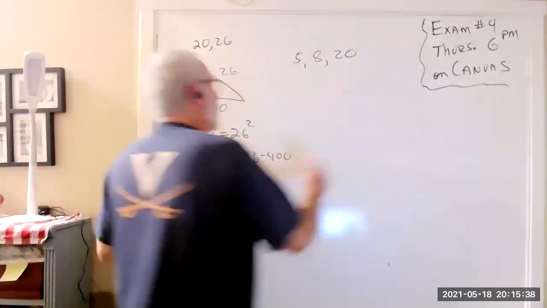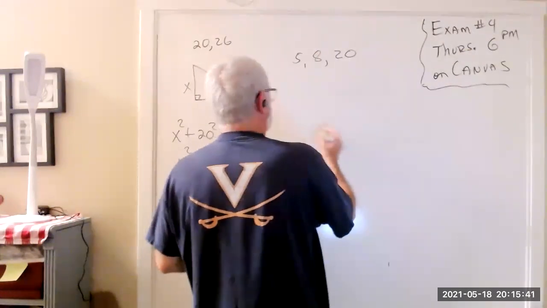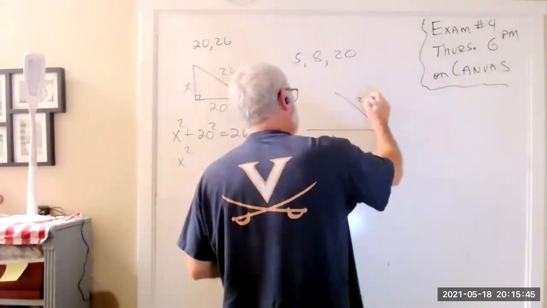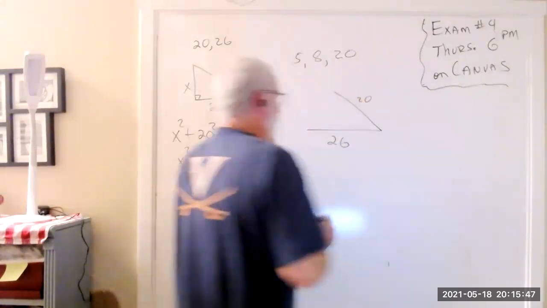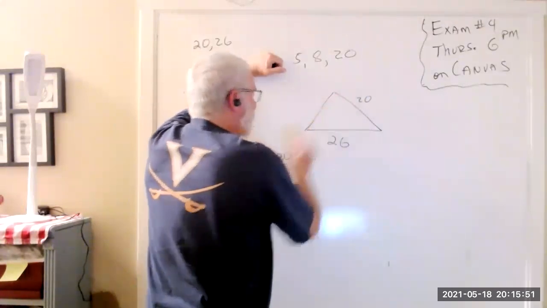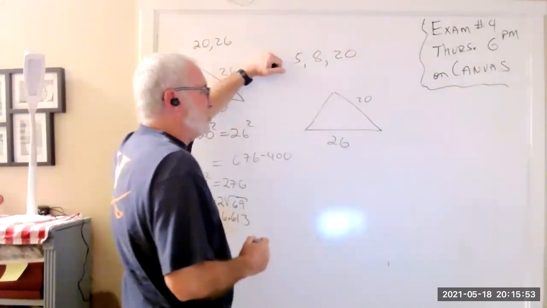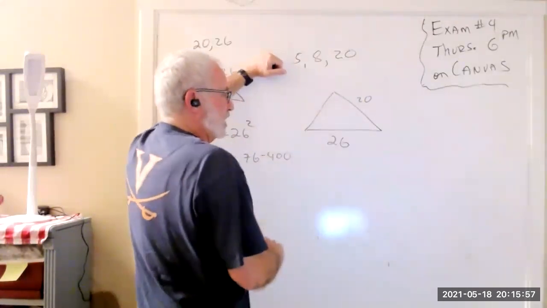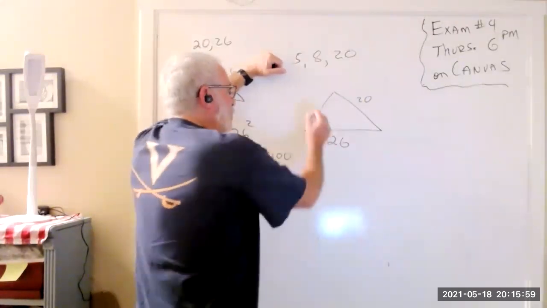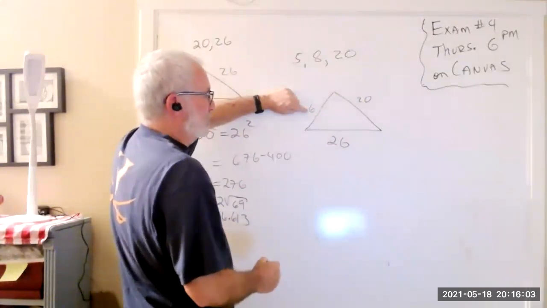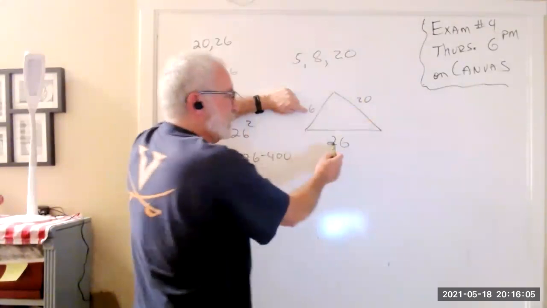Okay, so what if one side was 26 and this side is 20? Well, for this other side, the sum of any two sides has to be bigger than the other side. So question, could this be 6? No, because they would be equal.